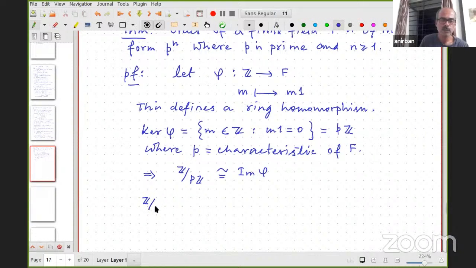So this quotient ring is just the same as the integers modulo p.